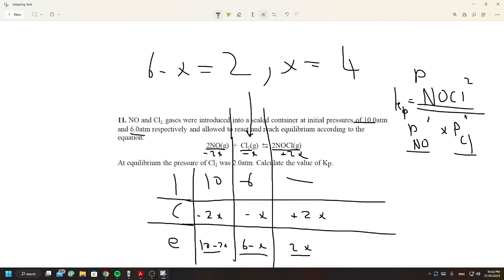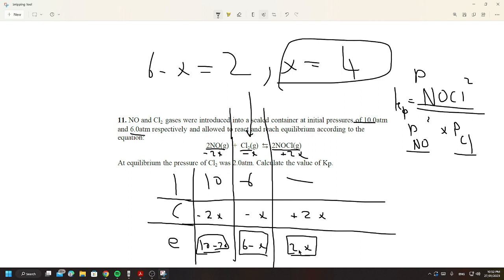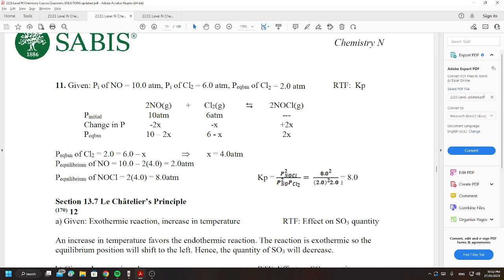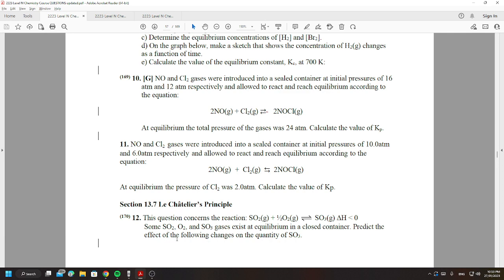Substitute the values you got from applying x equals 4, and you're going to get Kp. Kp in this case is 8. So we got x equals 4, you substitute it into the table to find the pressures at equilibrium, then you solve.